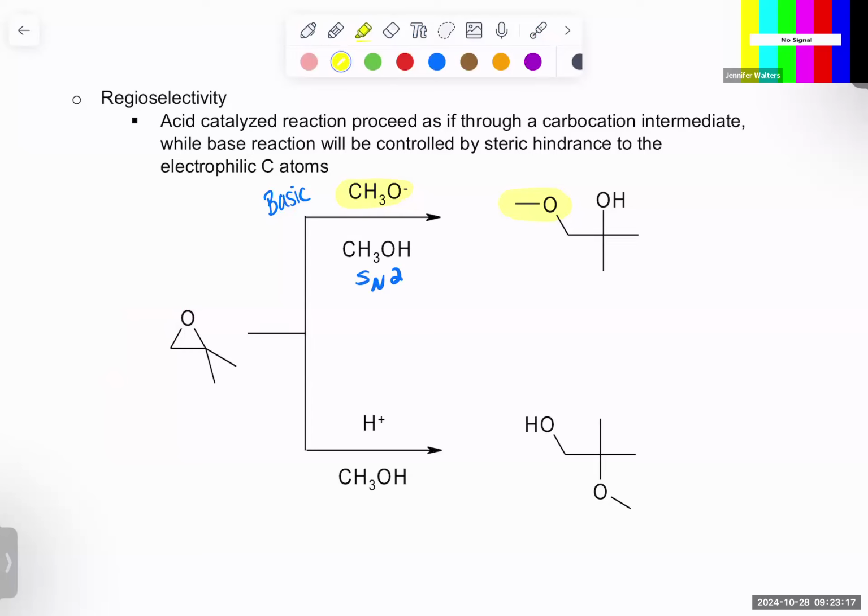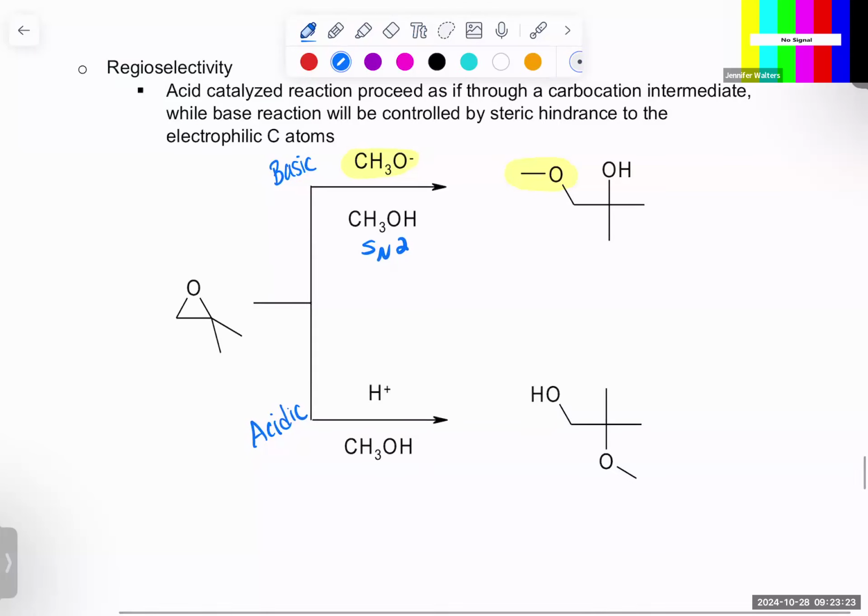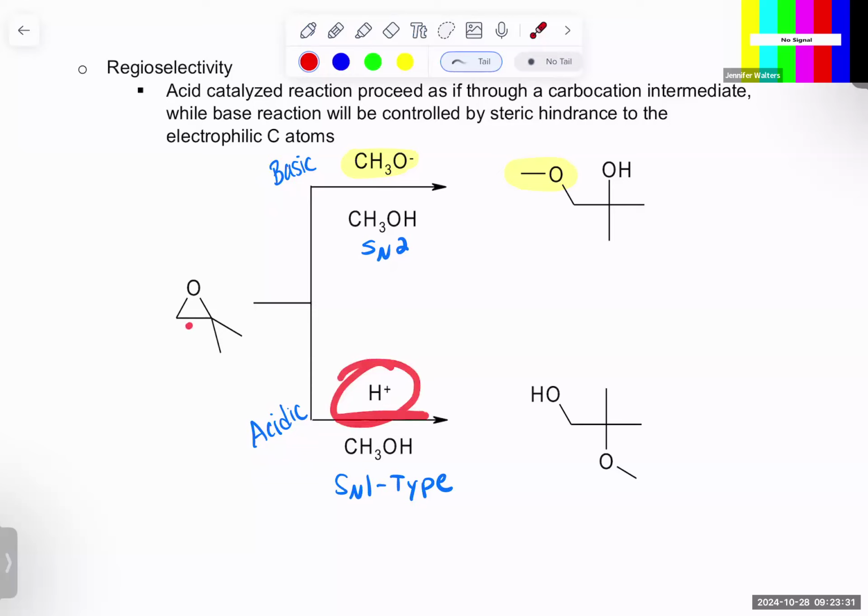If you are in acidic conditions, then you're going to do that SN1 type. So if you have a strong acid with your epoxide, then you're probably going to be doing an SN1 type reaction, meaning that your nucleophile is going to be attached to the more substituted side.